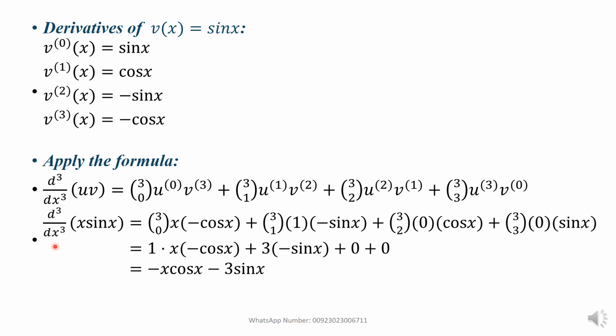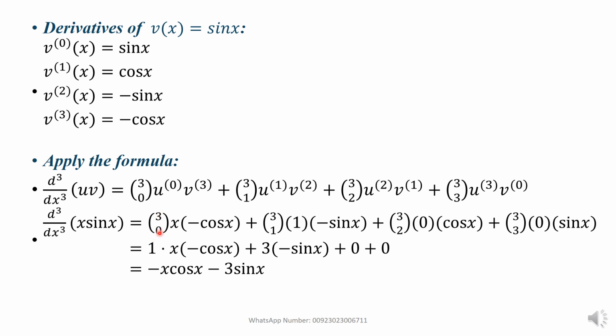d power 3 upon dx 3 of x sin x, we put in the values C(3,0). You know, this is a binomial step. First you write 3 factorial, divided by 0 factorial times bracket 3 minus 0 bracket close factorial.